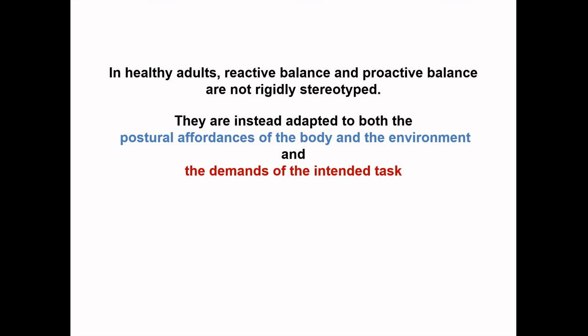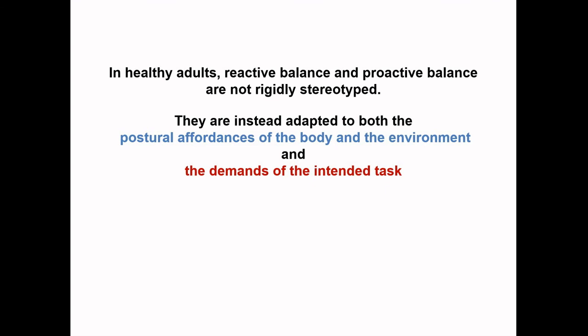You may not have come across the word affordances before, but you will end up seeing it a few times throughout the semester. Affordances refer to possibilities for action. And when you see the word affordances, you can just simply replace it with the phrase possibilities for action.